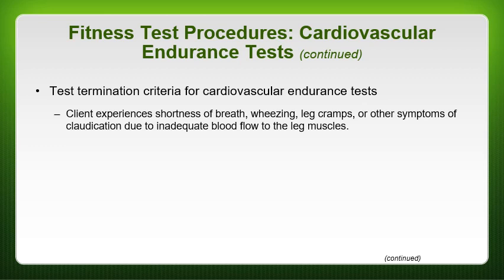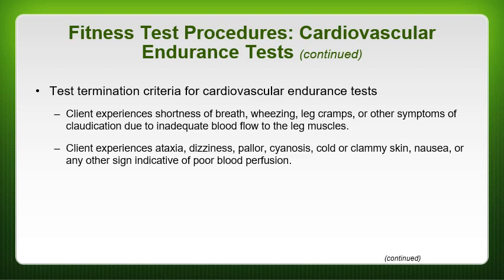Further test termination criteria: shortness of breath, wheezing, leg cramps, any symptoms of claudication, which again is cramping in the lower legs. That's just a sign of inadequate blood flow. So again, we're looking at some type of circulation issue affecting the lower leg muscles. Any ataxia, dizziness, pallor, cyanosis, cold or clammy skin, nausea, or any other sign indicative of poor blood perfusion would cause the test to be terminated.